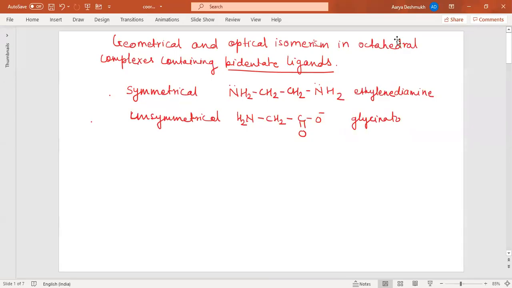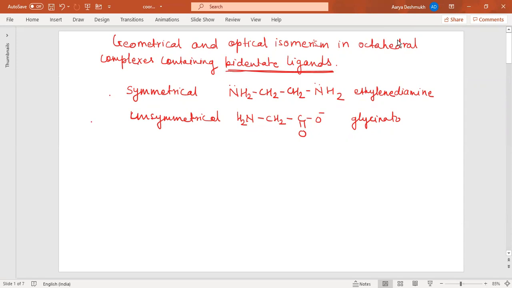Hello students, today we will start with geometrical and optical isomerism in octahedral complexes which contain bidentate ligands. Up till now we have discussed the octahedral complexes which contain unidentate ligands.